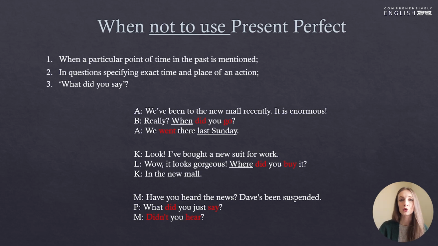That's what we normally do with such reactions. What did you just say? Didn't you hear me? Did you hear that sound? We don't use the present perfect because we don't care about the result, we care about the fact. As to the present perfect tense, the most important thing that you should remember is this: result in the present.